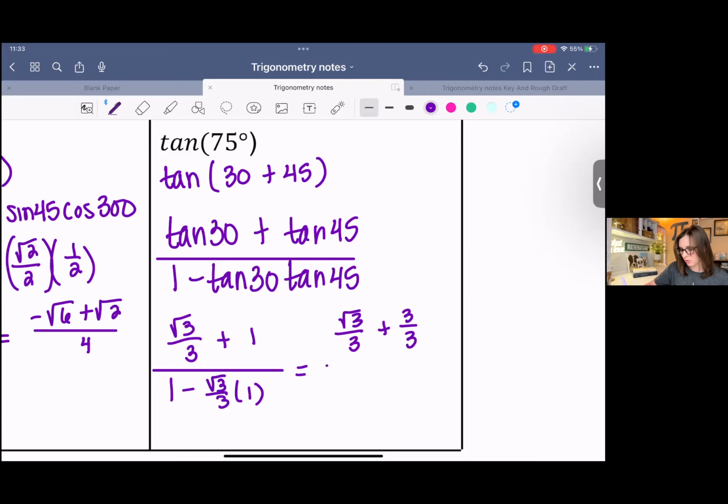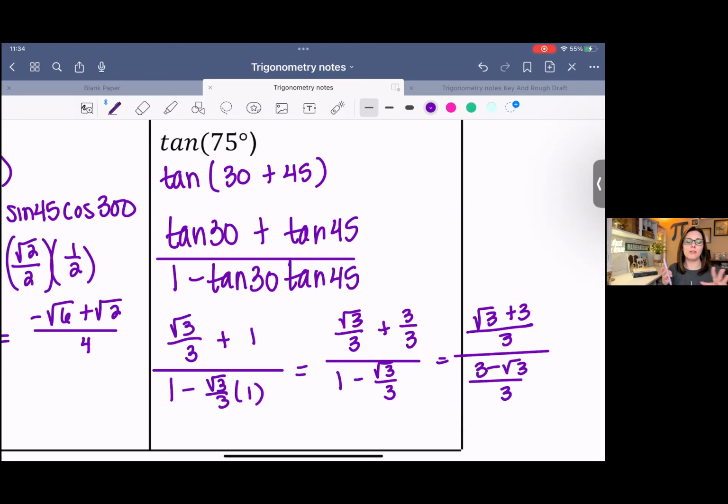I think that's what I'm going to do there. Multiply this. And then again, get a common denominator. On the bottom, that'd be a 3. So 3 minus root 3 over 3. Okay, right now it looks like a little bit of a mess, but it's going to clean up.